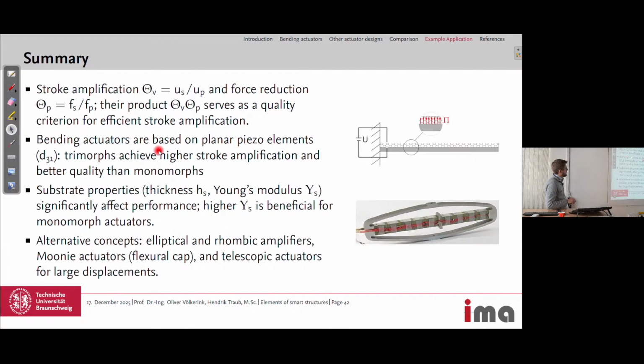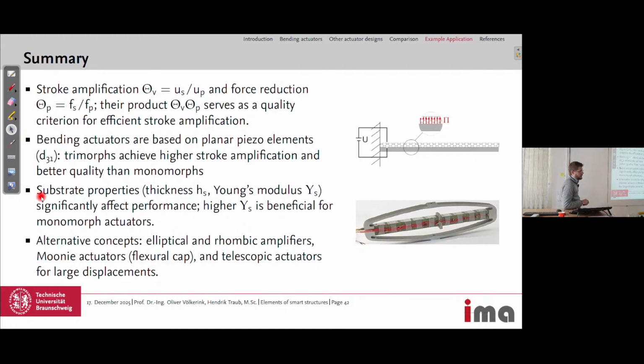Bending actuators, which are based on planar functional or piezo elements, like we've seen in the lecture before, are based on these actuators using the D31 effect. And from these bending actuators, the trimorphs achieve higher stroke amplification and also higher quality criteria.